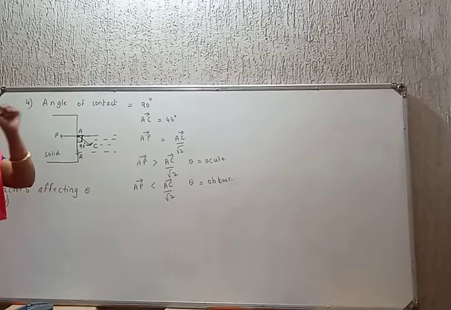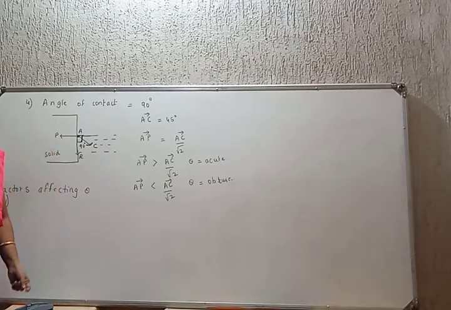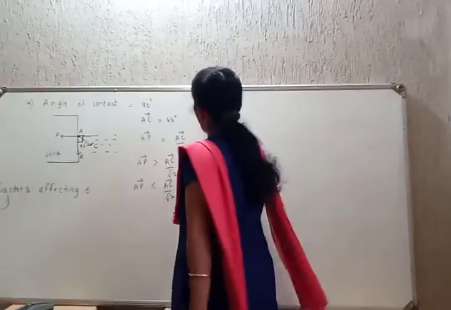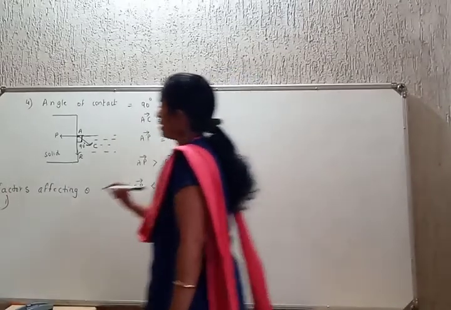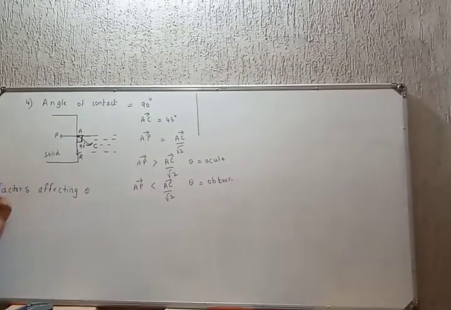If you add a bit of impurity, even a dust particle, if it mixes with the liquid, it changes the angle of contact, students. Now, we will discuss the effect of impurity. What is the effect of impurity?